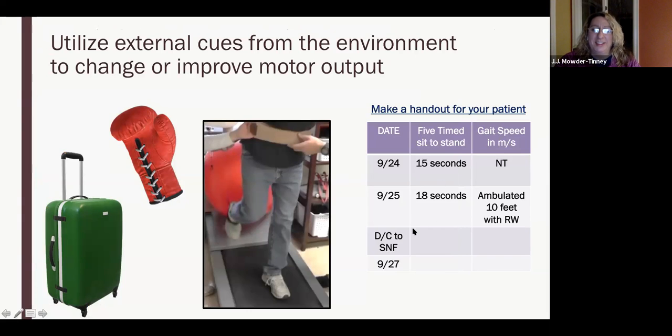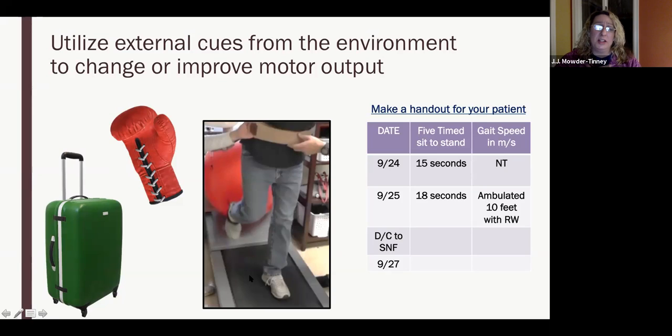Again, I'm a little obsessed with my tables. But I think this idea of giving someone a table and having them see every time what kind of cues they had, whether it's targets, which I'll show, or an external cue, like hitting the ball with the bottom of the foot versus bend your knee.